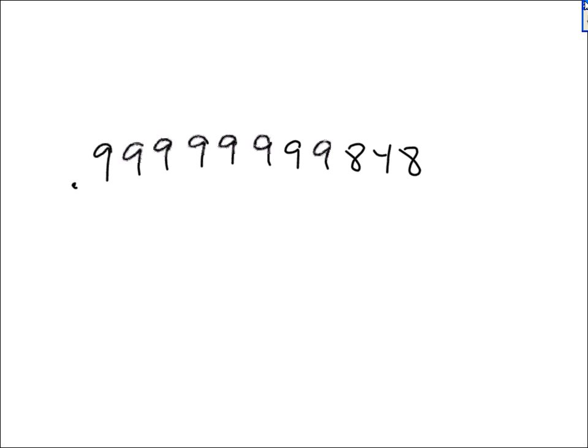Now what if I give you this? 0.99999999848. Now I ask you to round off to the 100 millionths. Well, tenths, hundredths, thousandths, these are the millionths. The 1 millionth, the 10 millionths, the 100 millionths.